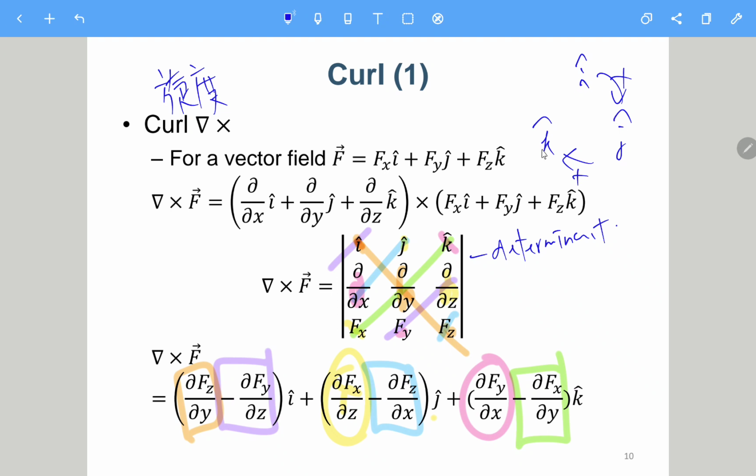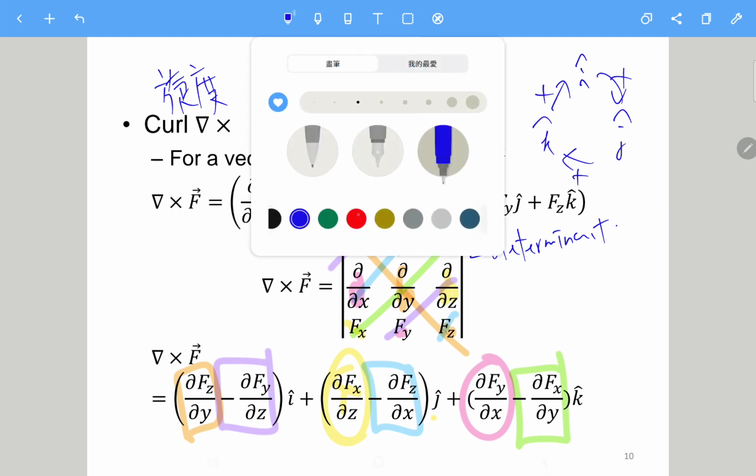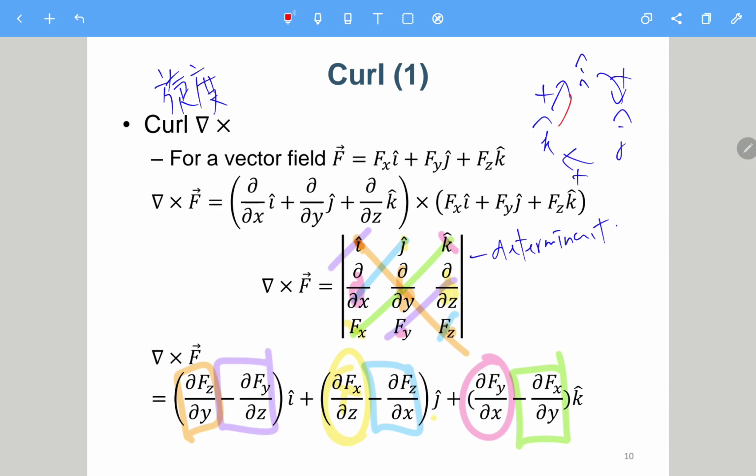I cross J becomes K, J cross K becomes I, K cross I becomes J. And if it is the other way around, I cross K will be negative, K cross J will be negative, J cross I will be negative. And of course, I cross I, J cross J, K cross K will be 0.